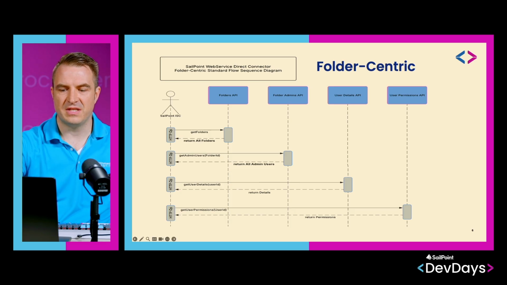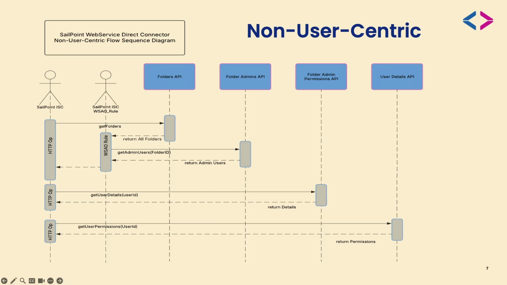So that led me to this. This is how I solved that problem. I start off with the first HTTP operation, and I do the get folders. So that's going to go out. It's going to bring back all the folders. And then I added a web service after operation rule to the source.